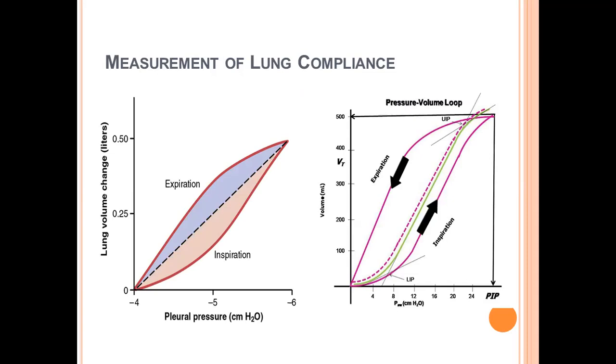Now coming to the measurement of lung compliance, those students who are interested in doing medicine, or TB chest, or, as the respiratory system is now a very much studied subject, if you want to do a super specialty or be an intensivist, all these measurements and small physical properties of any of the systems are very important.